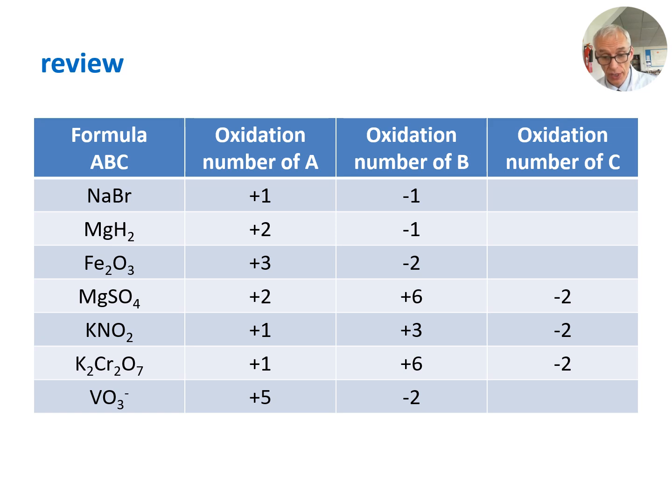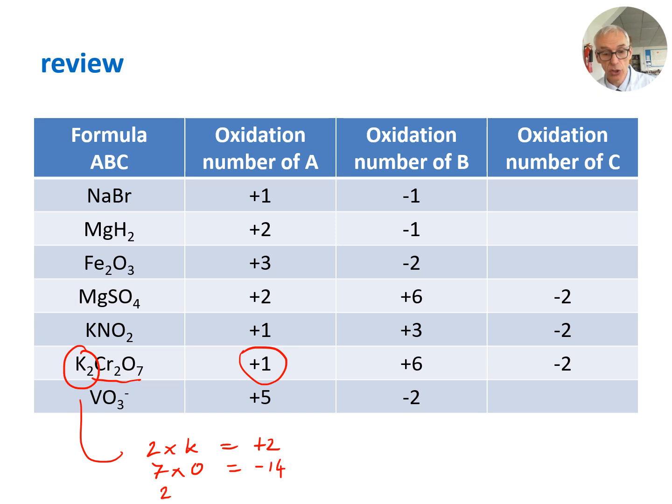Perhaps I'll just do one example. Let's look at the potassium dichromate here. Well, potassium's in group 1, so it's always going to be +1. Oxygen is always -2. So if we look down here, we've got 2 times potassium, so that's going to be +2. We've got 7 times oxygen, that's going to be -14 in total.